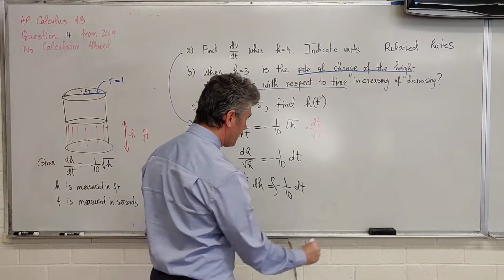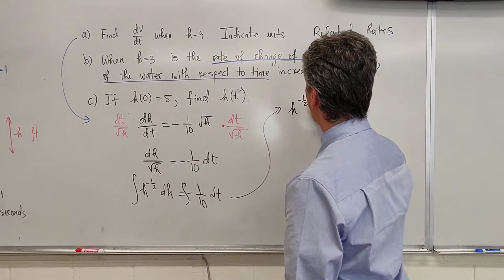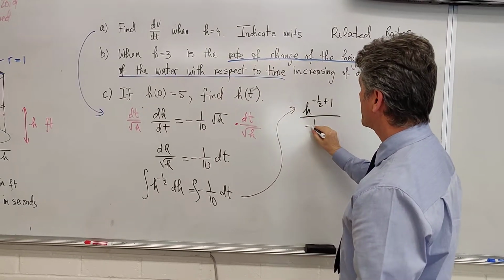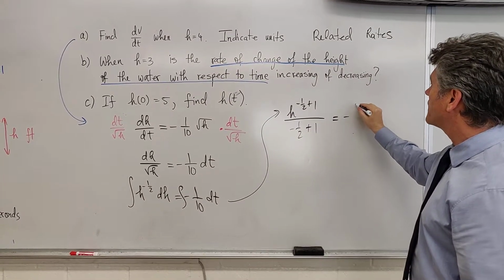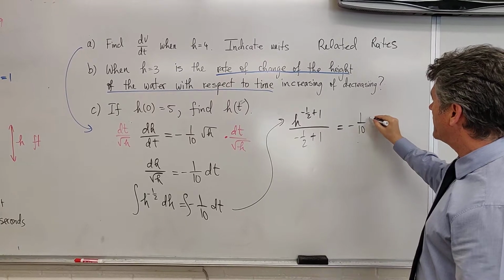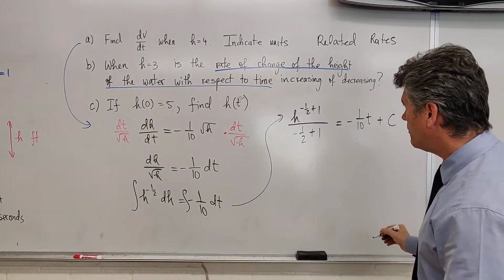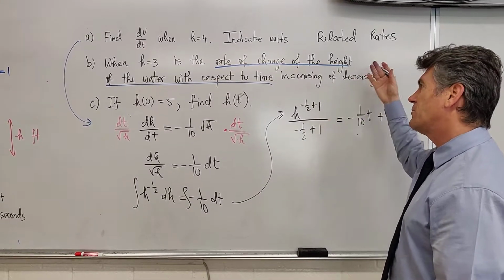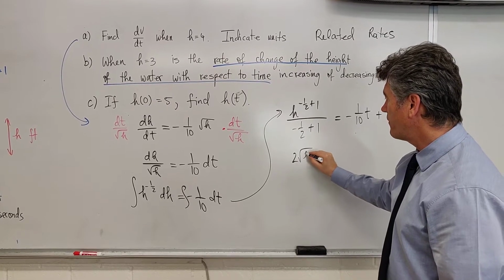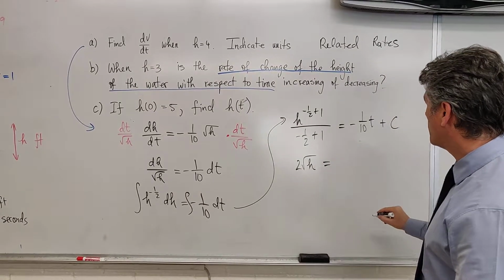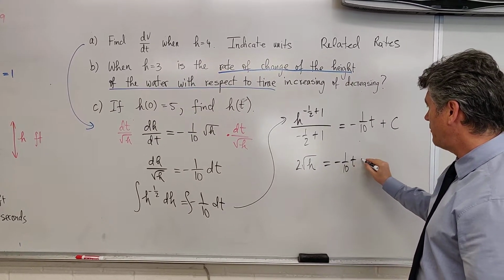For the left side, we get h to the negative 1/2 plus 1 over negative 1/2 plus 1 is equal to the antiderivative of negative 1 over 10, which is negative 1 over 10t plus c. Beautiful. If you do a little bit of math, this becomes 2 square root of h is equal to negative 1 over 10t plus c.